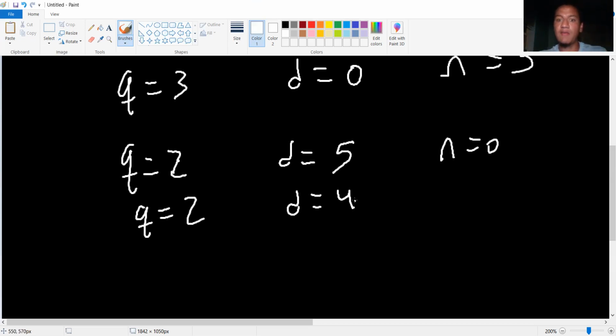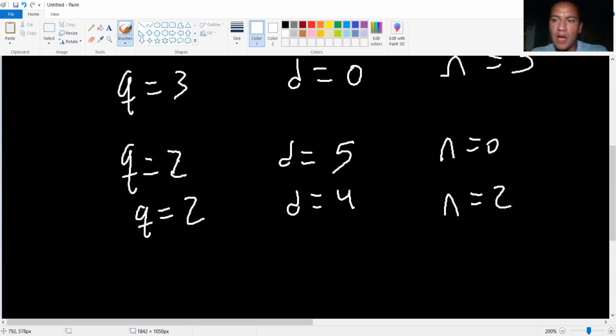And then it gets even worse when you have no quarters. That means you have 10 dimes. Then you got to find the case where you have 9 dimes, 8 dimes, 7 dimes, 6 dimes, and writing that out is going to be crazy.